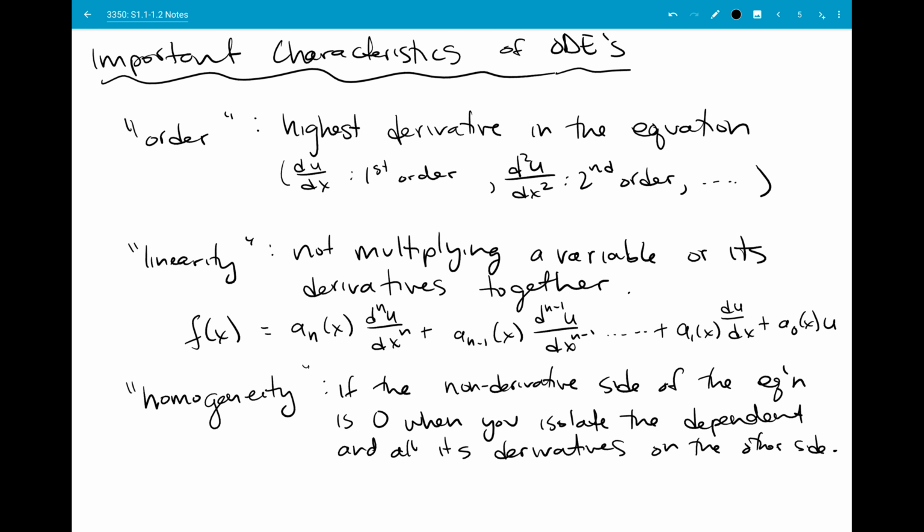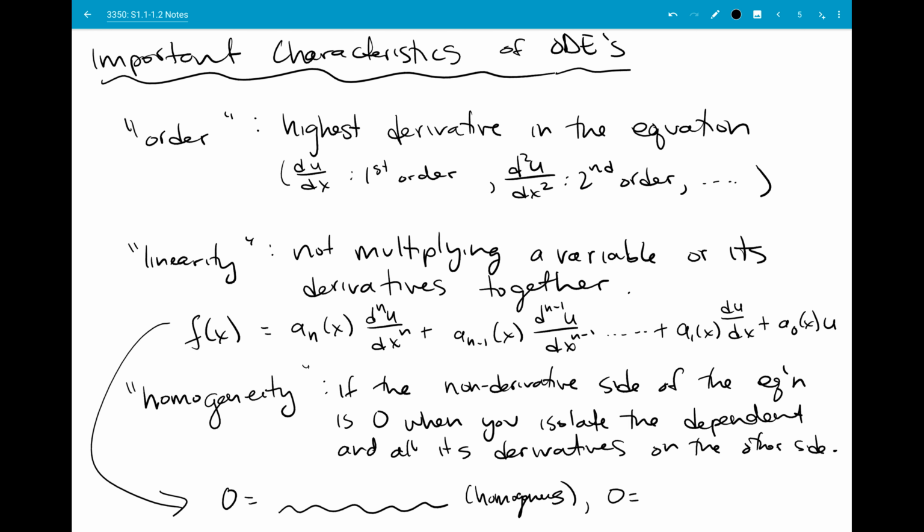And we'll see examples that make that a lot clearer, but just using the same equation we had before, if you have 0 equal to all that other stuff, that's homogeneous, or homogeneous, depending on how lazily I'm speaking.